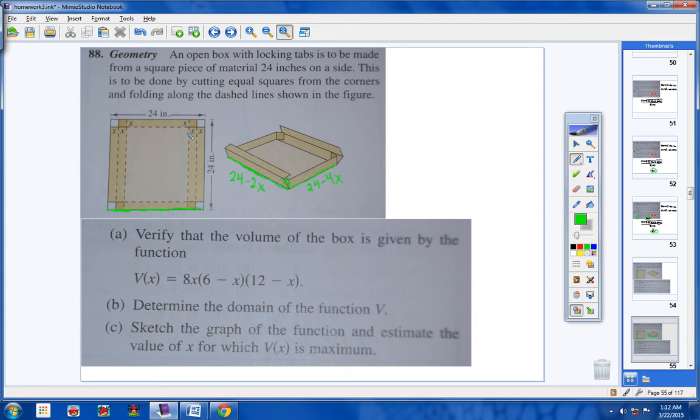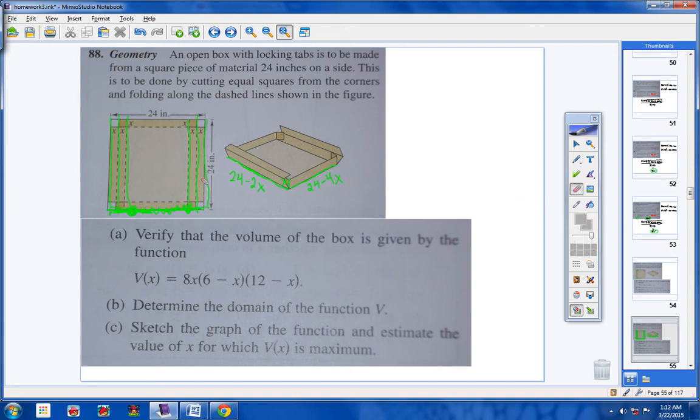You have taken away 2 x's in length, so now it's smaller, and you also took 2 x's away over here on this side. So now this entire width right here only goes from here to here. So that's 24 minus 4x. You took 4 x's away.